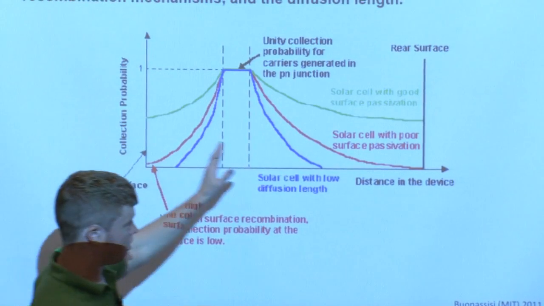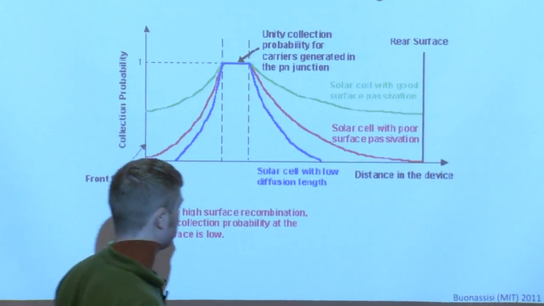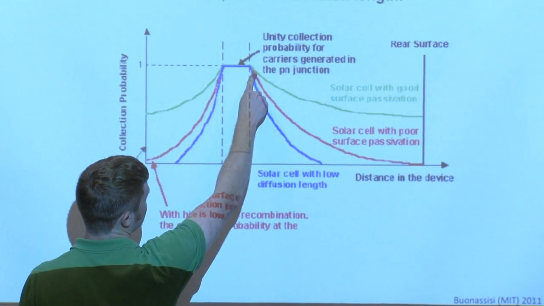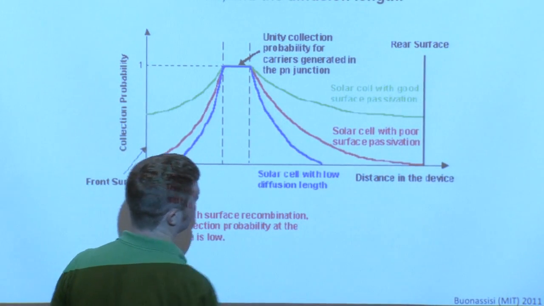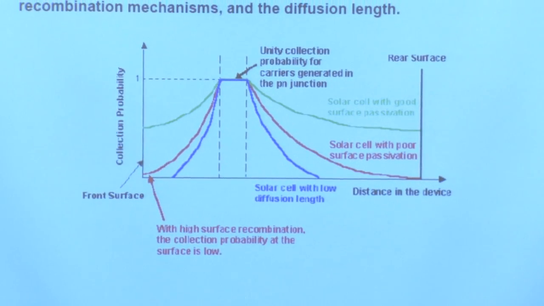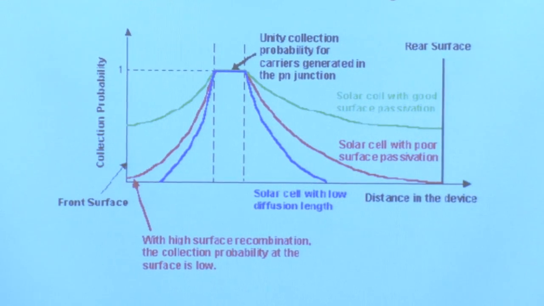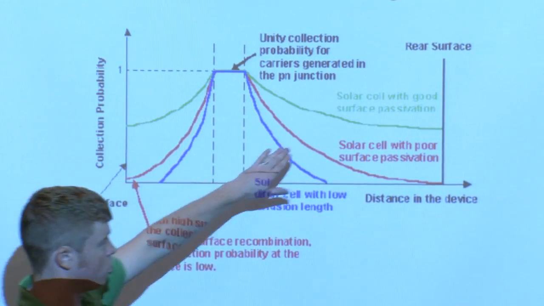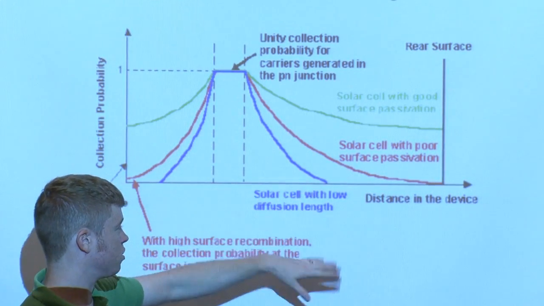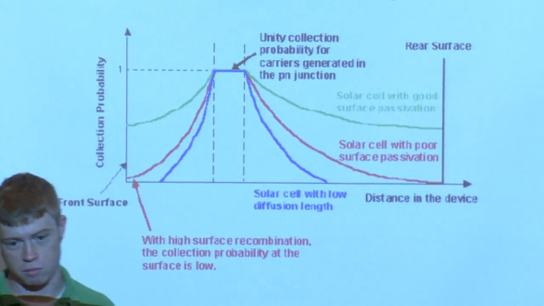If it's generated very, very far away, it's going to have a lower probability. That's what this graph is trying to show: right near the junction you have near unity collection probability, and as you go away, it comes down. The different colored lines show different ways of increasing that diffusion length. Surface passivation is important. We'll talk about what that is soon. And also diffusion length. If you're limited by diffusion length, you can see this very sharp drop-off.